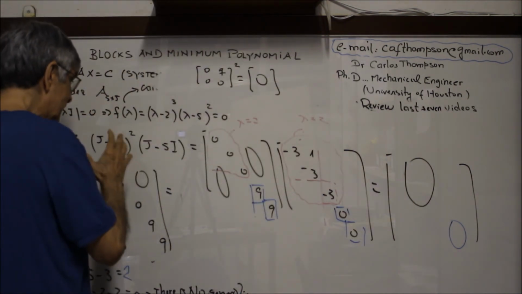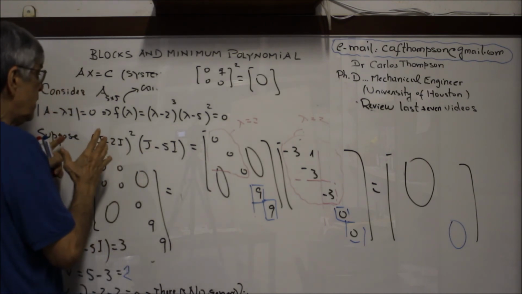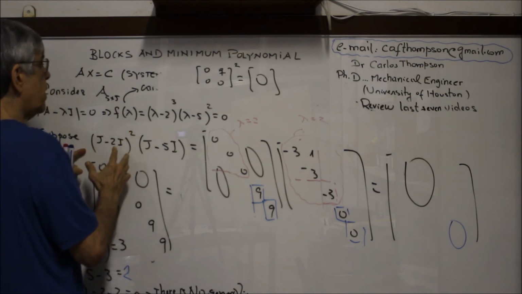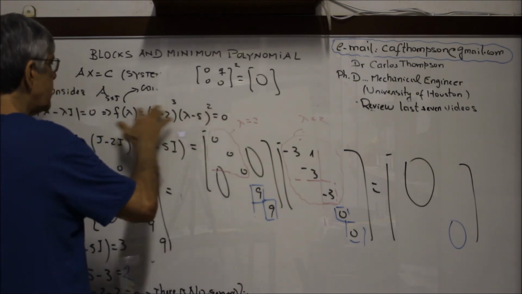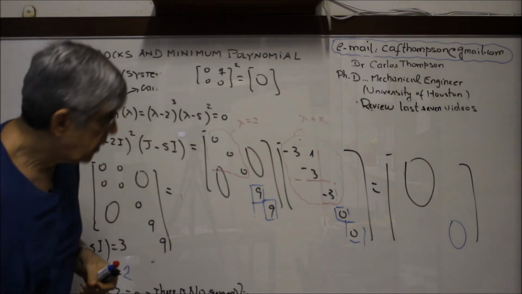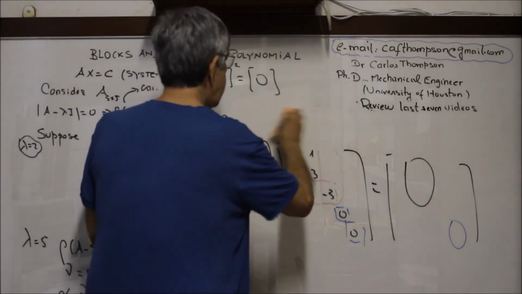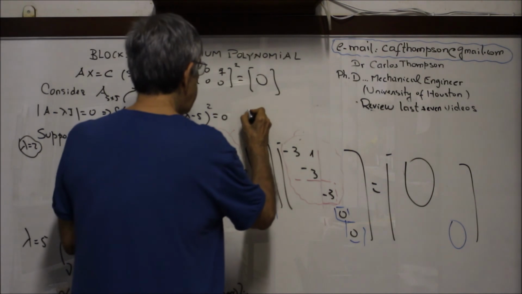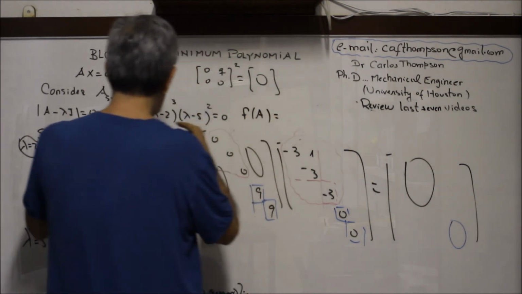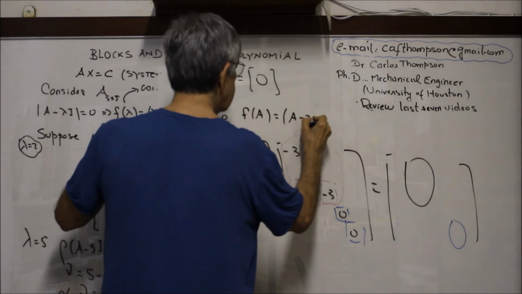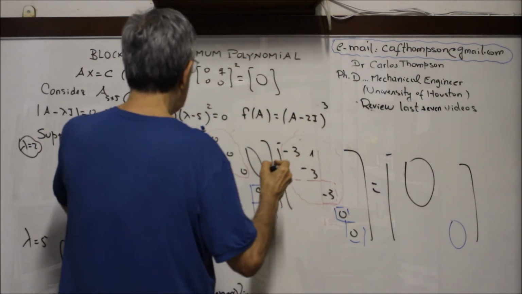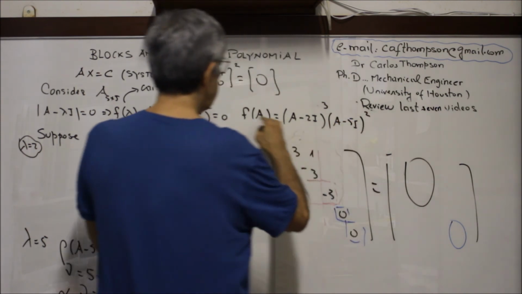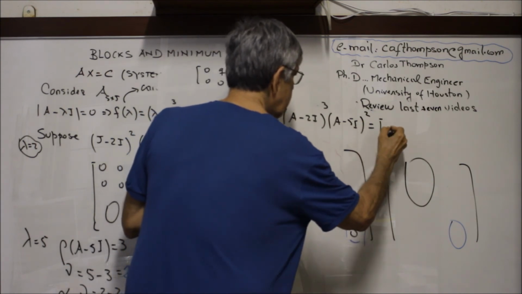Now let's compare the exponent of j minus 2i. I can write down here f of a is equal to a minus 2i to the power 3, times a minus 5i to the power 2, which is equal to the zero matrix.